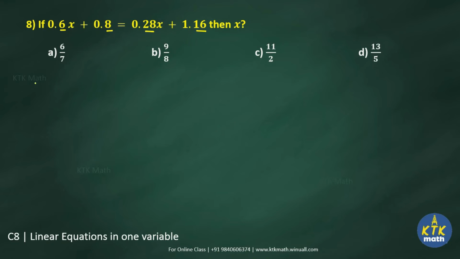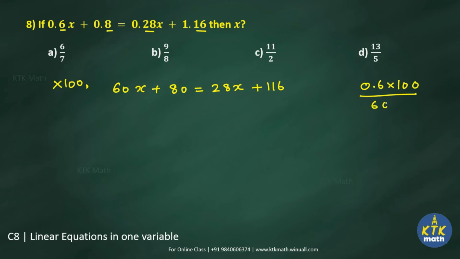For example, if I want to multiply this entire equation by 100, what happens to 0.6? It will become 60. So 60 times x plus 80, and this has become just 28x, and this will become 116. Do you have any confusion how this happens? Okay, let me explain. 0.6 multiplied by 100, what happens? 600s are 600.